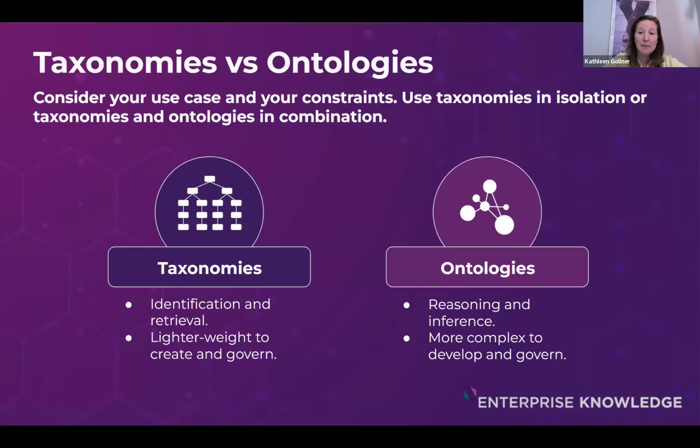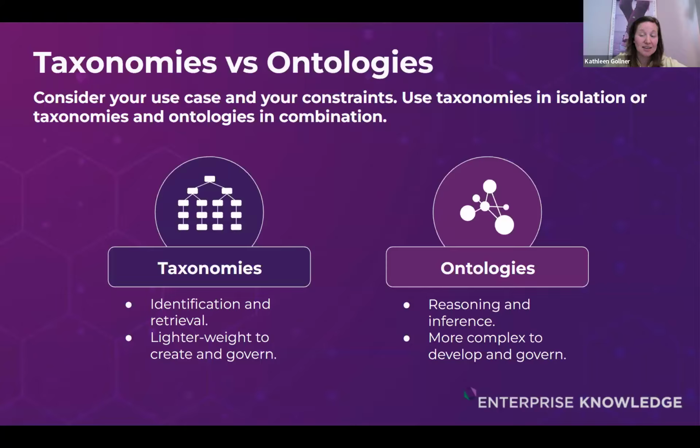So I've come back to that question of taxonomies versus ontologies. The key question here becomes, what is your use case and what are your constraints? Because that will really govern or determine which of the two you choose. Although it's a false dichotomy. It's not really either or.